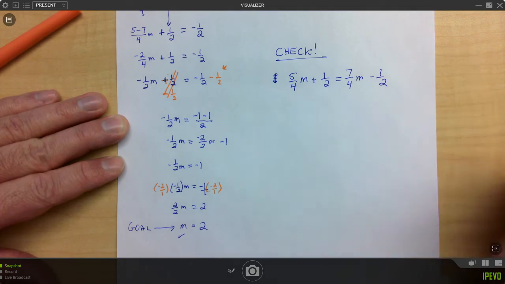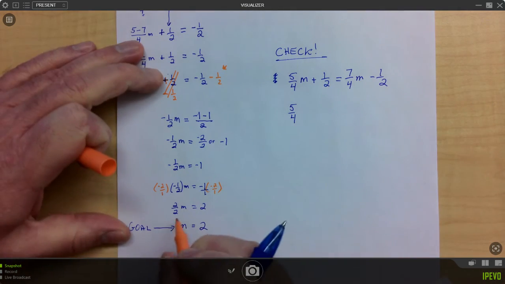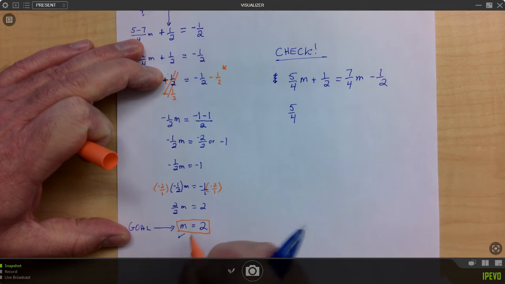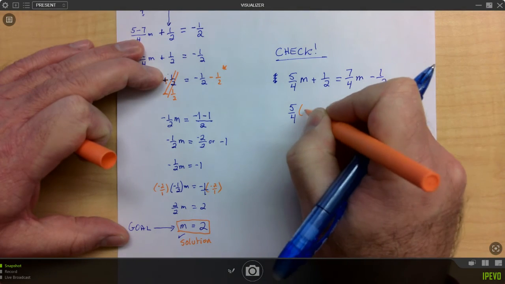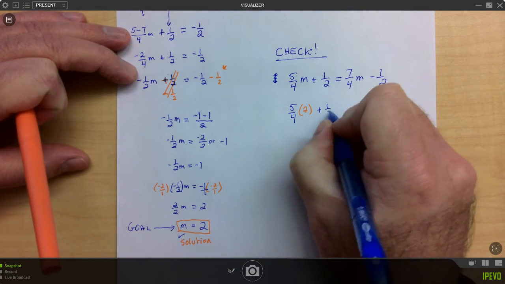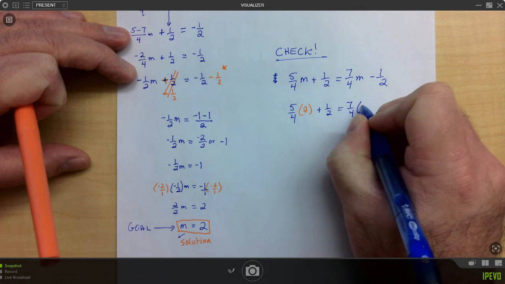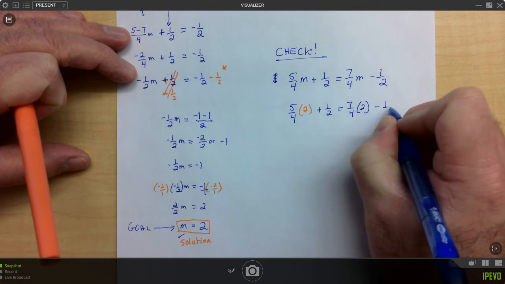Okay, let's see if this works out. 5/4. Now, what am I doing? I've got a solution. This is a solution. I'm going to plug in my solution and see if it works. Okay? Plus 1/2 is equal to 7/4 times 2 minus 1/2.